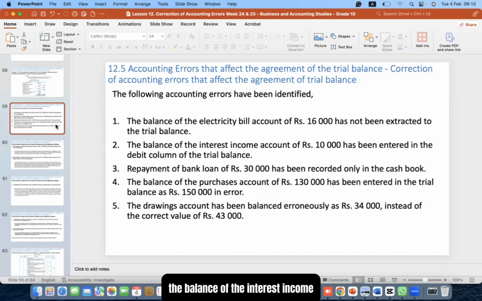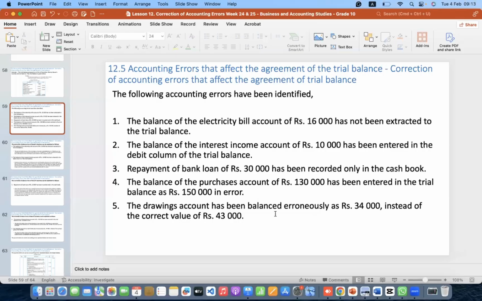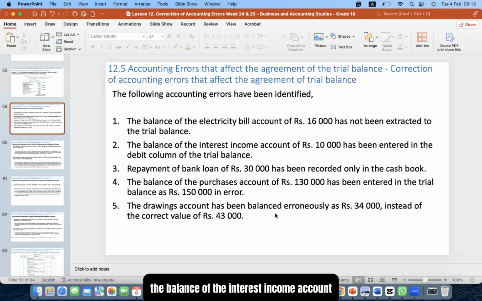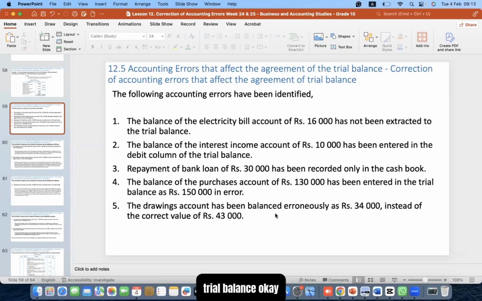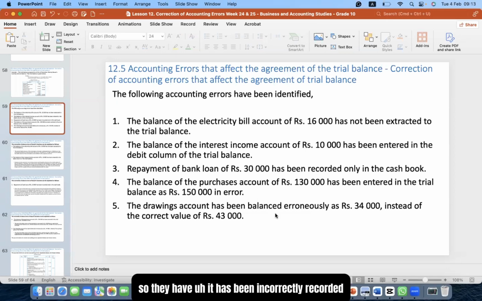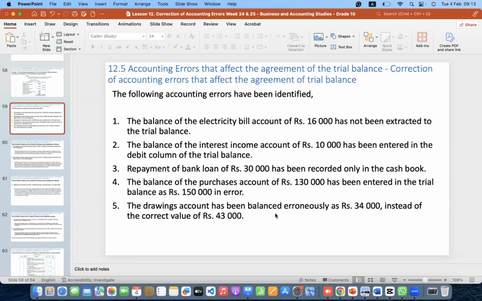Second, the balance of the interest income account of 10,000 has been entered in the debit column of the trial balance.